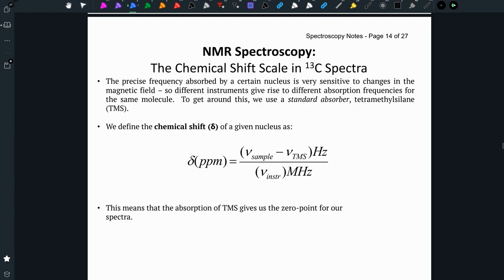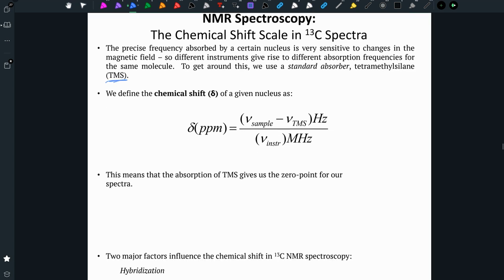To get around that, we set a standard. We set a 0 point. Just like in the Celsius scale, we set the 0 point as the freezing point of water. In this scale, we're going to set a 0 point as the absorbance of a molecule called TMS.